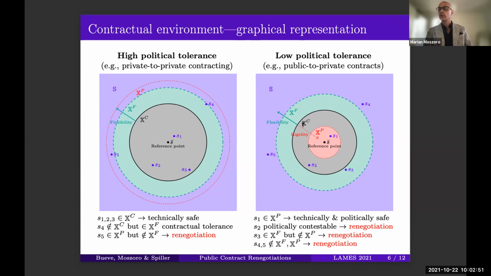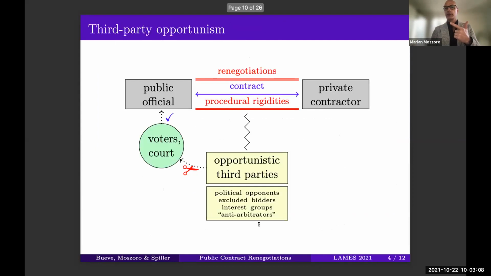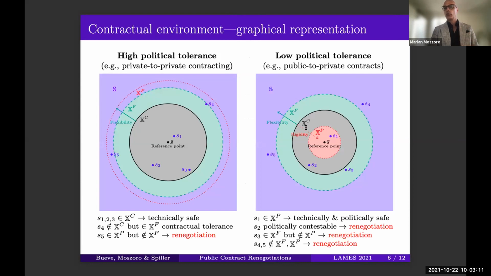The public agent is going to set the contract terms in such a way that maximizes this utility function: staying in office and, conditional on staying in office, having the larger probability of contract continuation. So for the public agent, if I go too far here, I will be politically challenged. If I go too close, the contract will be technically not feasible. So there is a trade-off, and endogenously you come up with the contractual terms. Okay.